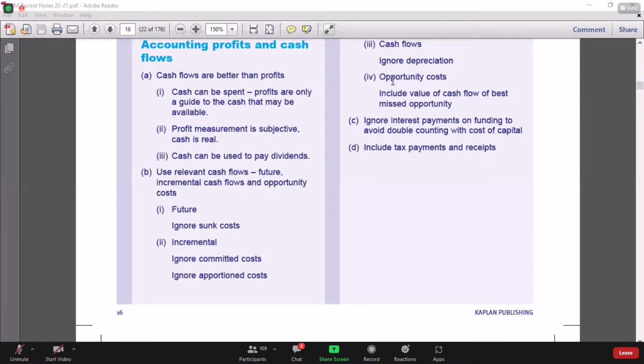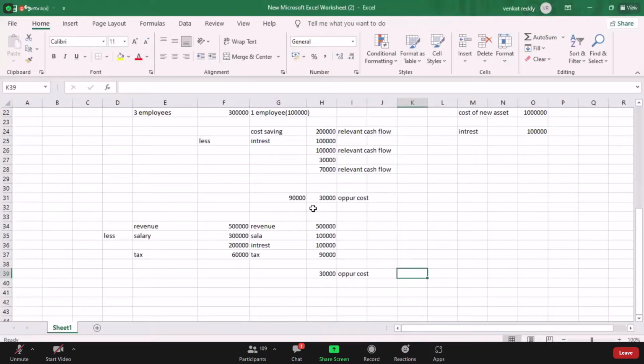Point C. Yeah. Now let me explain point C. They ignore the interest payments on funding to avoid double counting with the cost of capital. Suppose there is no information that the funds are borrowed to acquire the asset. In the given example, I clearly said that the company borrowed the fund to acquire this new asset.